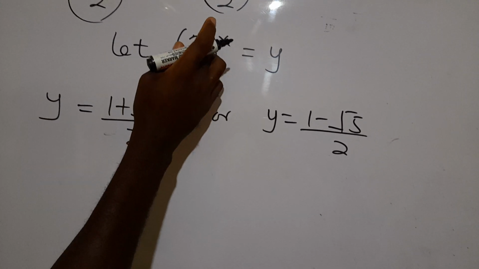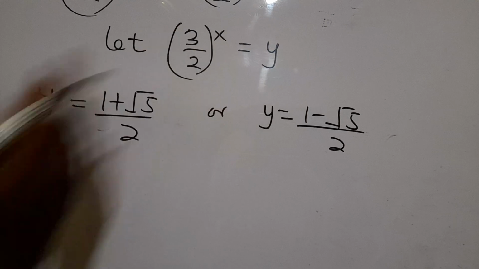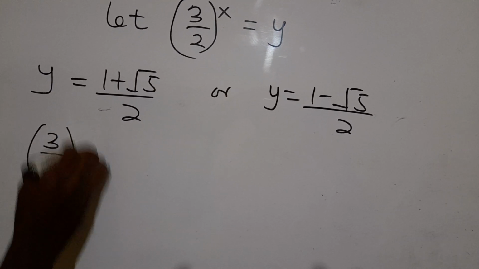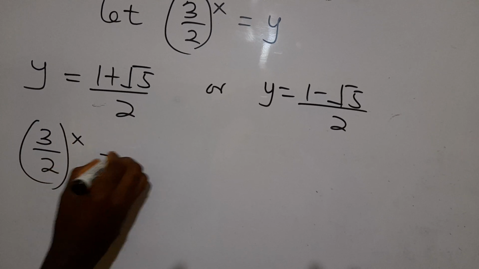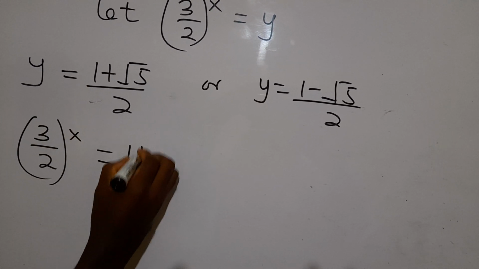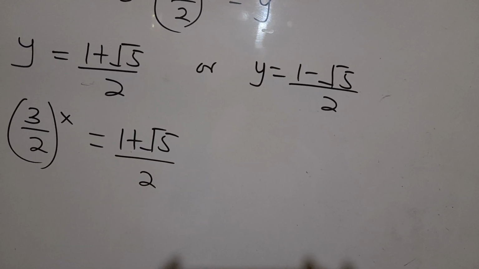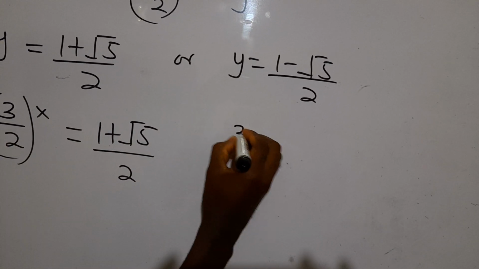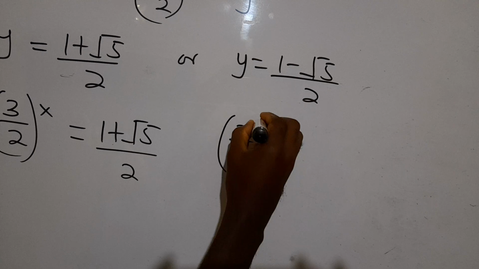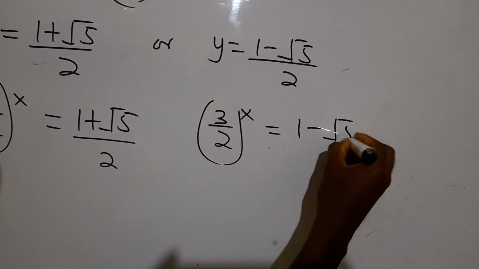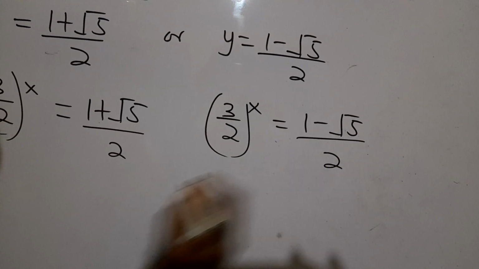So since we said 3 over 2 exponent x should be equal to y, then we can say 3 over 2 exponent x is equal to 1 plus root 5 all over 2. Then we can also have 3 over 2 exponent x is equal to 1 minus root 5 all over 2.